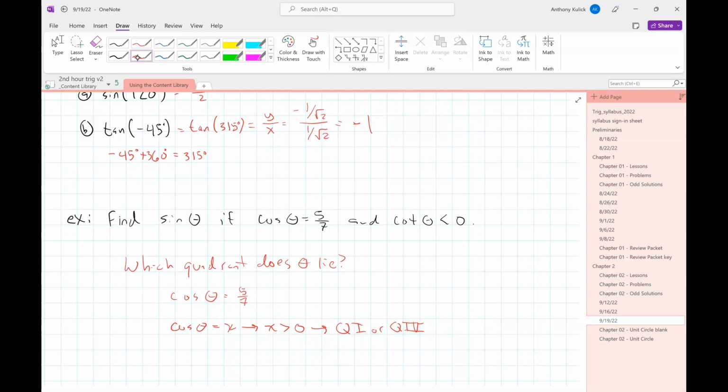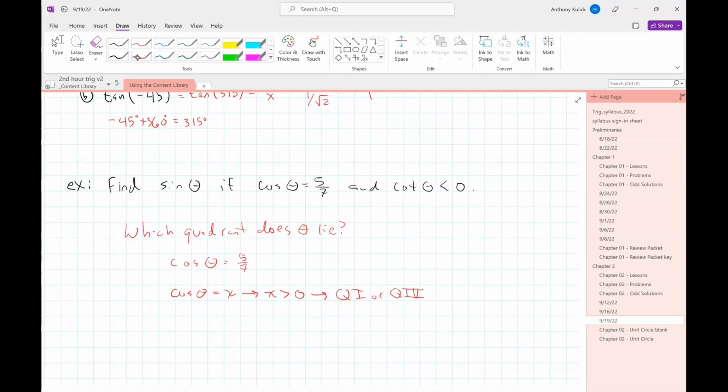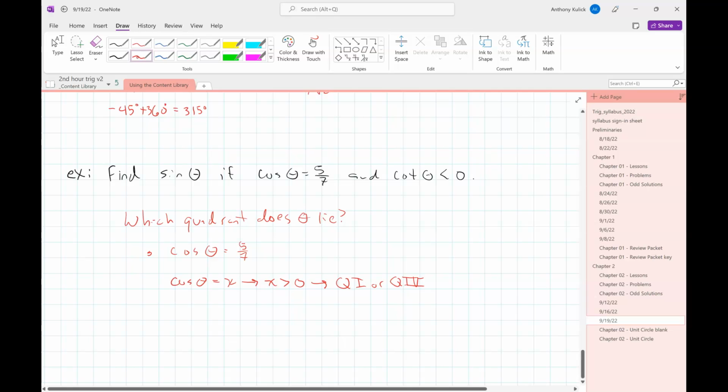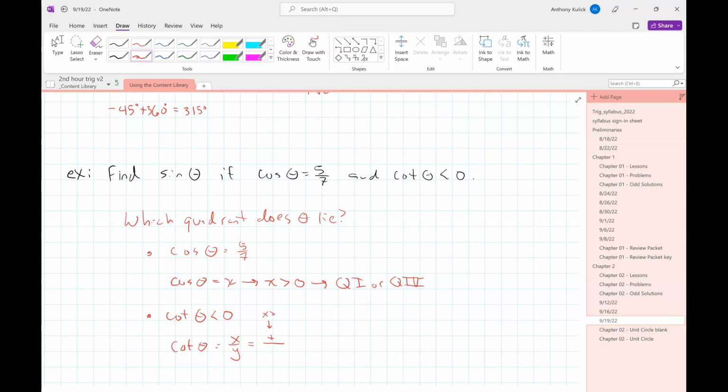Everybody's cool with that? Okay. Cotangent theta, I'm told, is negative. Cotangent theta is x over y. I know that the x is positive already. So what does that tell me about y?